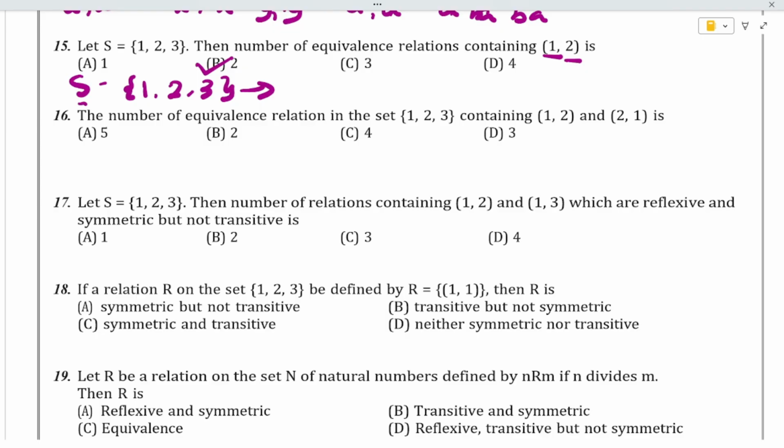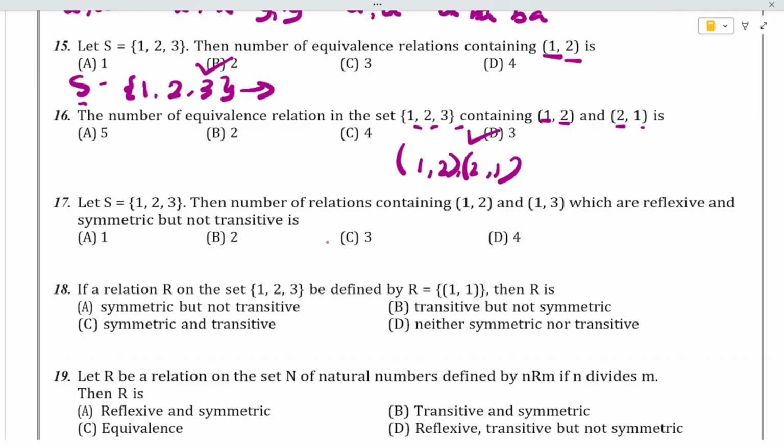Next, they have given (1, 2) and (2, 1), but the set containing them is the same {1, 2, 3}. So the answer is option D, that is (1, 2) and (2, 1), option 3.